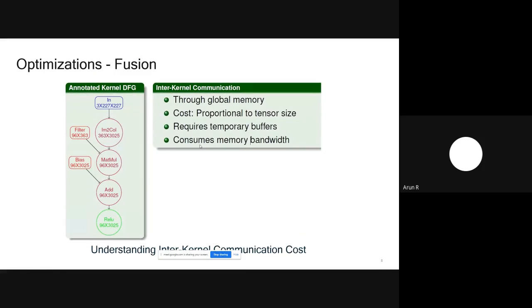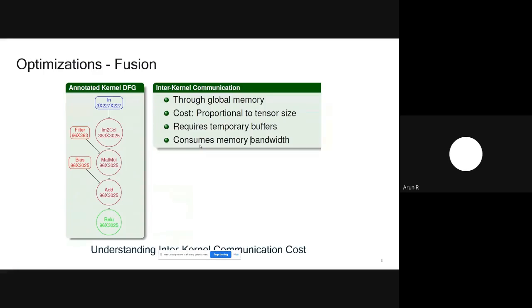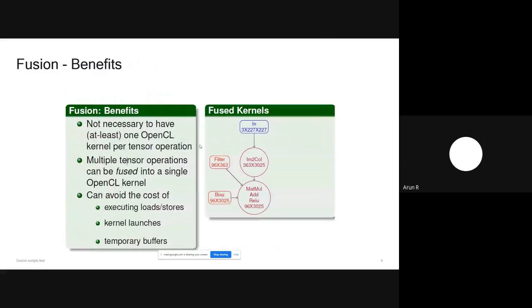So the advantage of fusion is that we don't have to have at least one OpenCL kernel per tensor operation. I mean, usually we may have multiple kernels also. For instance, we saw that convolution is translated into im2col and matmul.